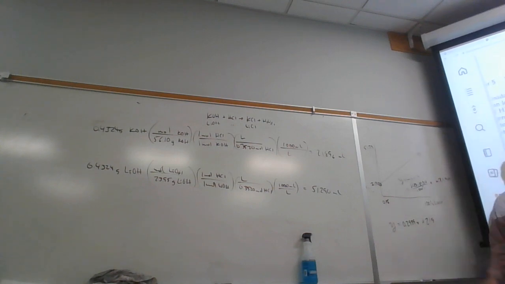And so x is going to be the volume, so 28.28 times 0.2939 equals, and I get 8.3114 plus 21.90.